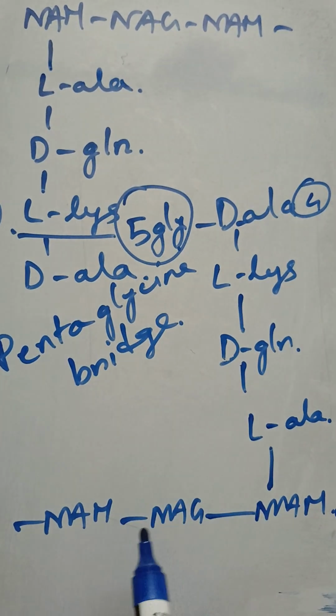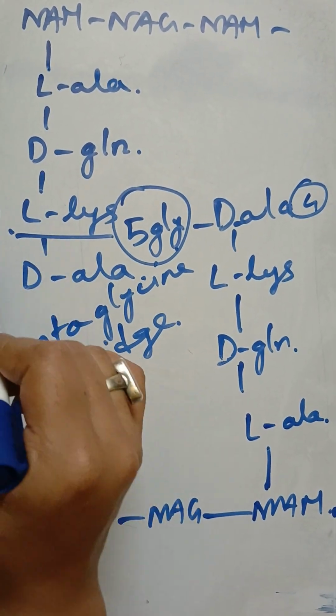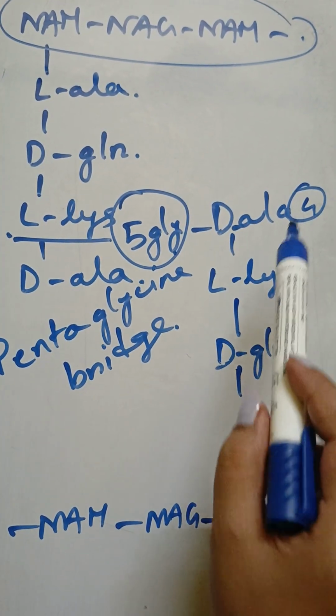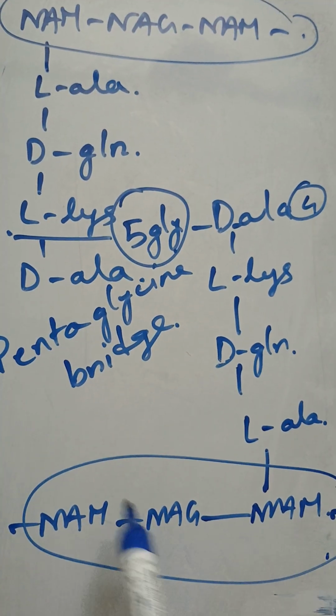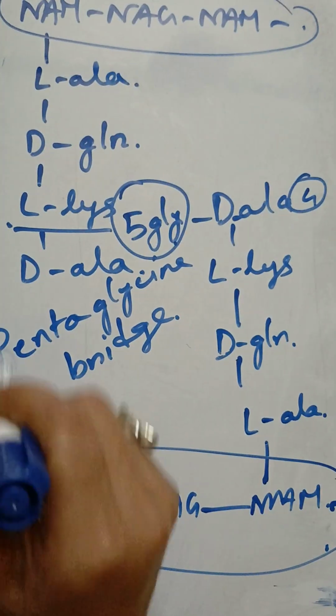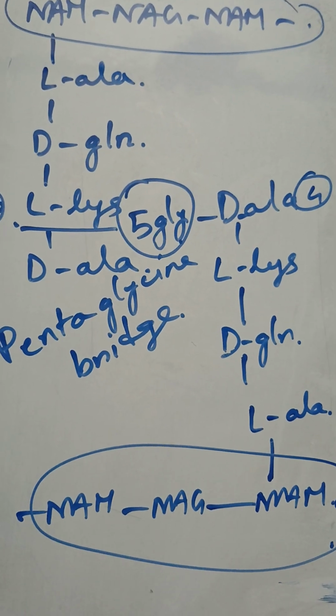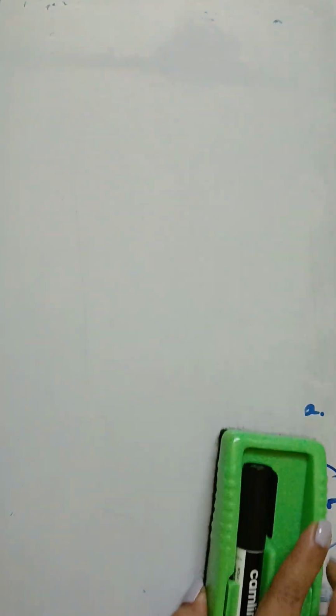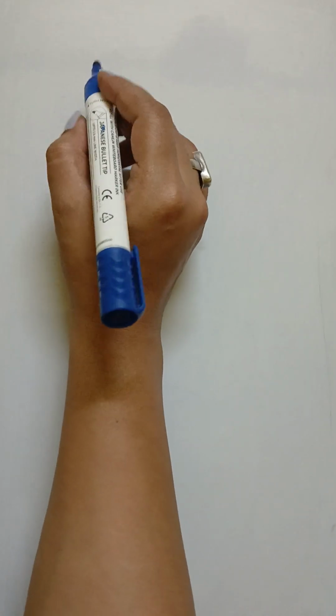So with the help of these 5 glycine residues, the L-lysine at the third position from one subunit will cross-link with the D-alanine at the fourth position of another NAM-NAG residue of the other subunit. So this is the basis of the initial cross-linking between the subunits, and each subunit like this will make a peptidoglycan strand, and each peptidoglycan strand is then cross-linked with each other to form a thick mesh-like peptidoglycan polymer, which is the major constituent of the cell wall.